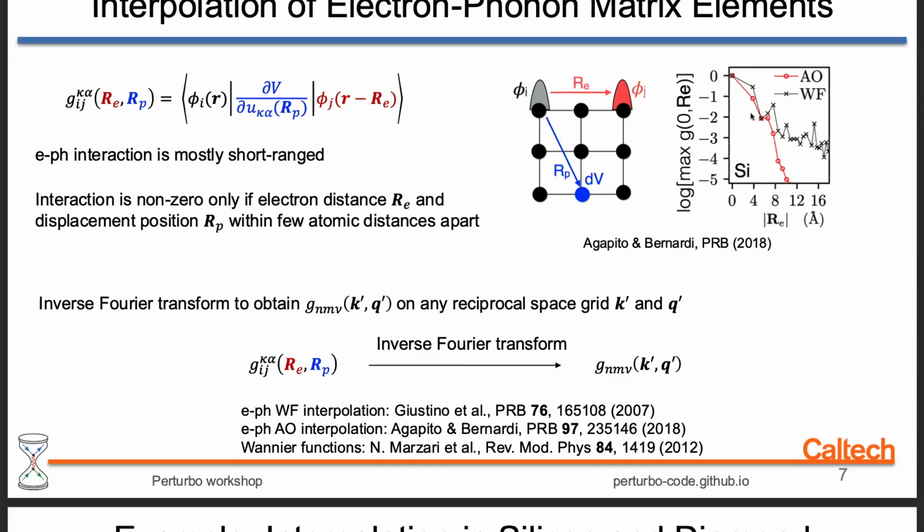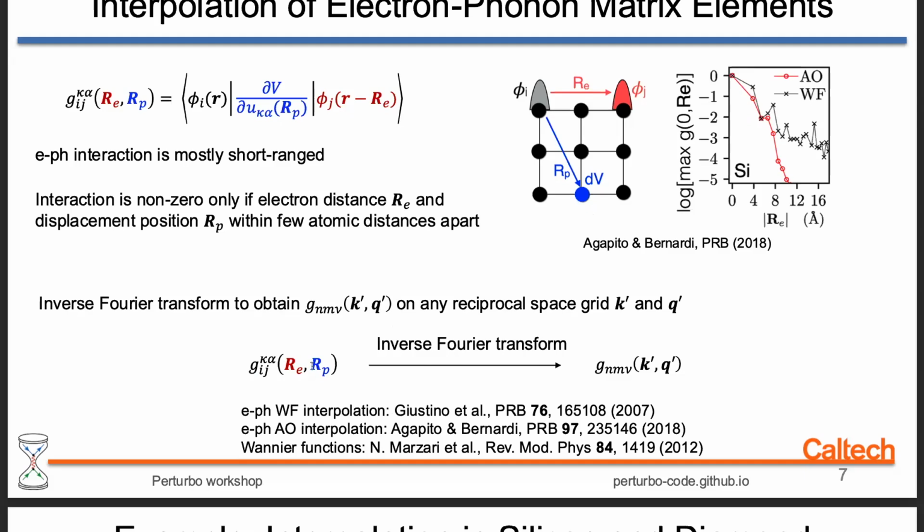Whichever basis you're working in, you can go between K and Q with Fourier transforms and inverse Fourier transforms. Once the coupling is stored on this coarse real space grid, it can be efficiently interpolated to any K and Q of interest.